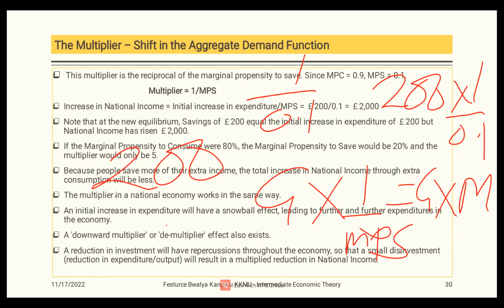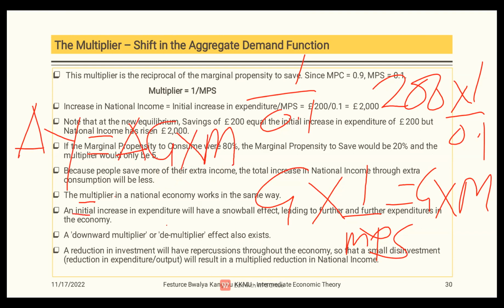So you've seen the multiplier: it's 1 over MPS. If government expenditure increases by 200, to see how much national income will increase, the formula is that the change in national income Y is equal to the change in government expenditure times the multiplier.